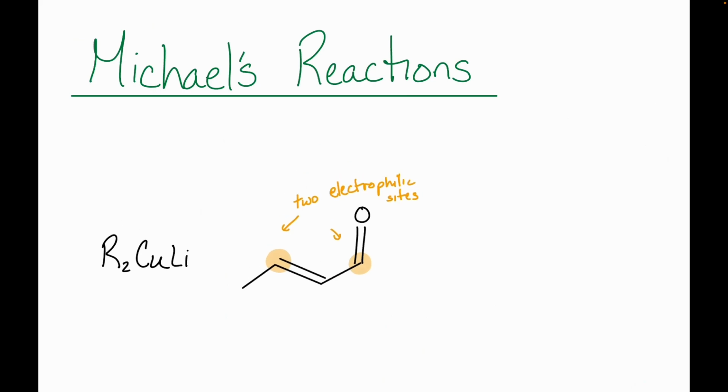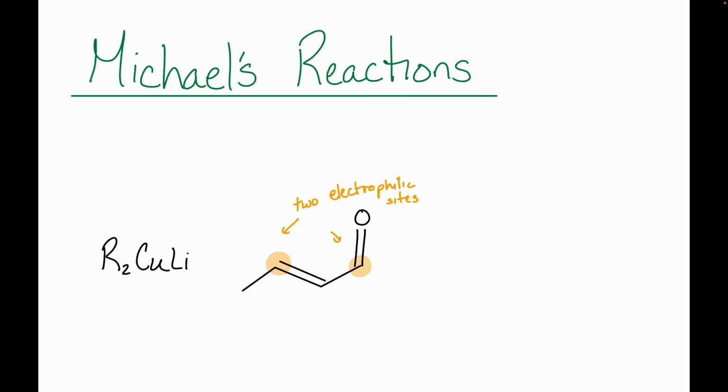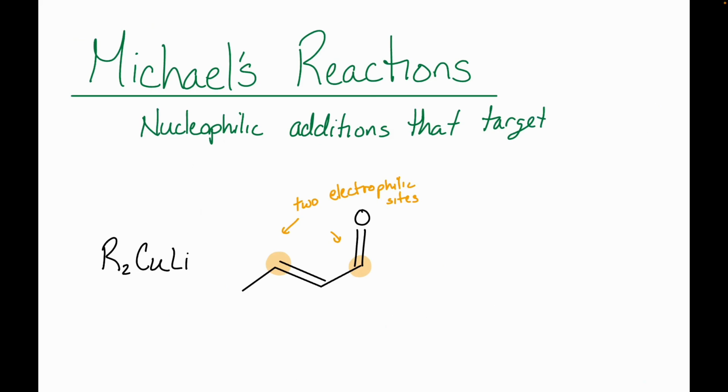And Michael reactions are reactions that specifically target one of these two sites, that beta carbon. So Michael reactions are nucleophilic additions that target that beta carbon.